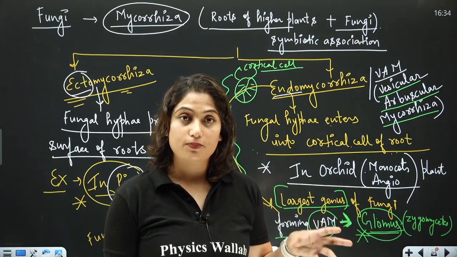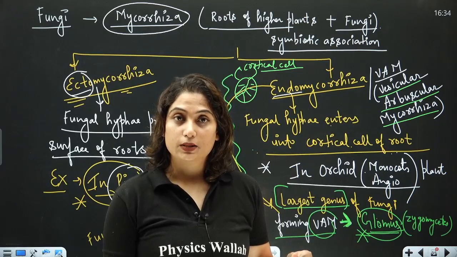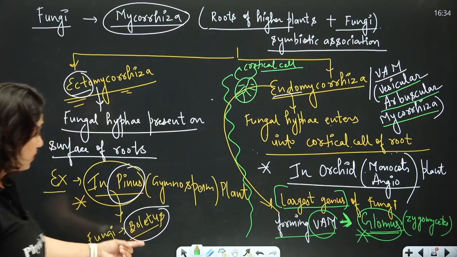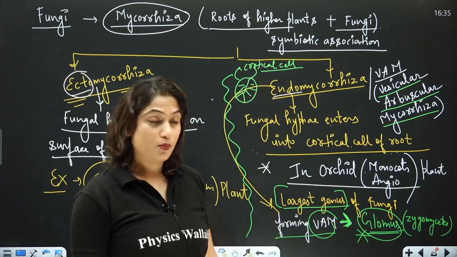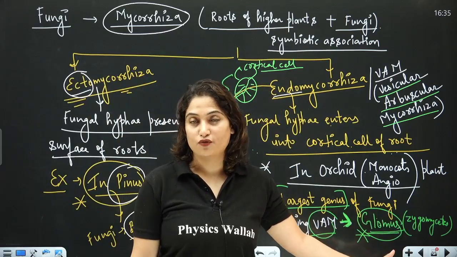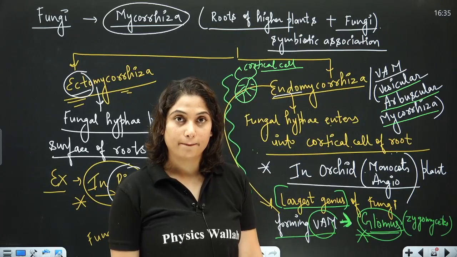Ectomycorrhiza is found in the plant Pinus. Endomycorrhiza is found in the plant Orchid. Ectomycorrhiza is formed by the fungi Boletus, and endomycorrhiza is formed by the fungi Glomus, which is the largest genus of fungi which forms VAM. What is VAM? It is endomycorrhiza.